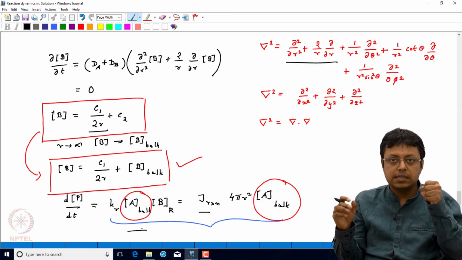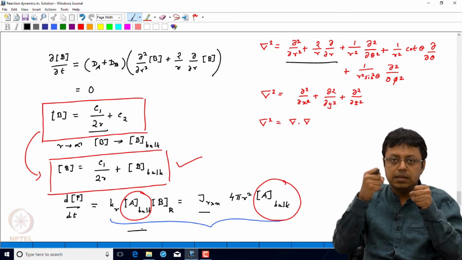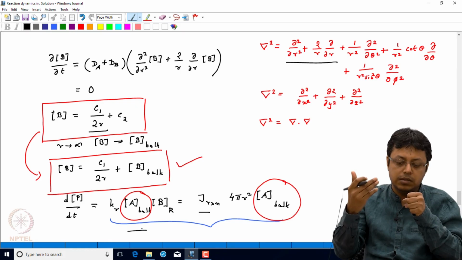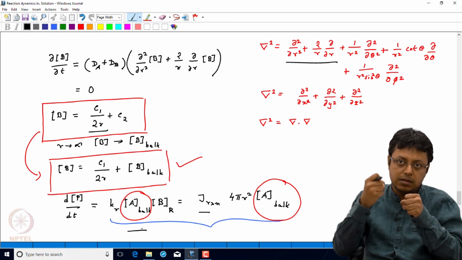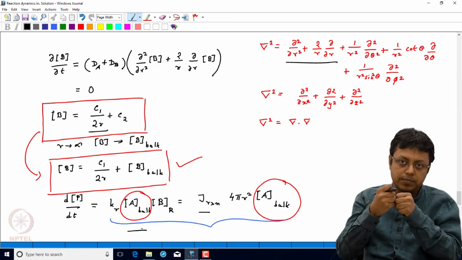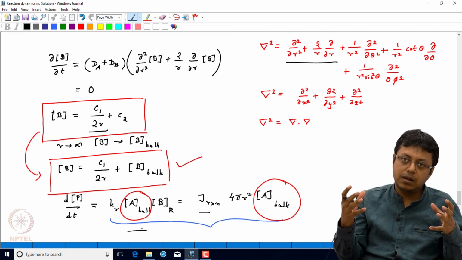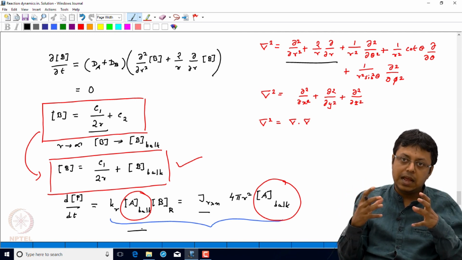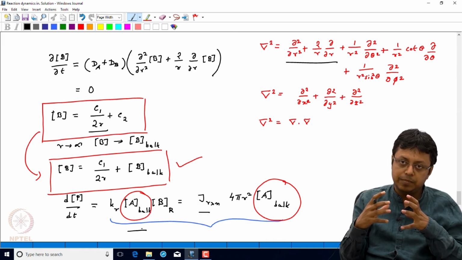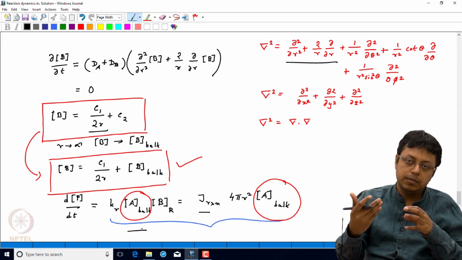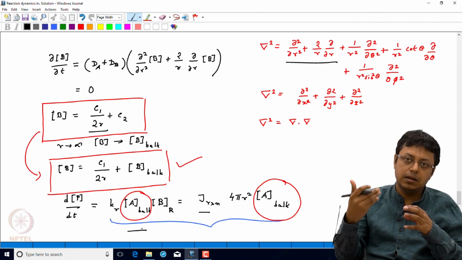Now the A is sitting at the middle and the B is coming, and that is how we modeled our system, but we said that the flux actually is in both ways. So the reactive flux is contributed by both J_A and J_B, but you can cast the entire problem as if the A is static and B is moving.